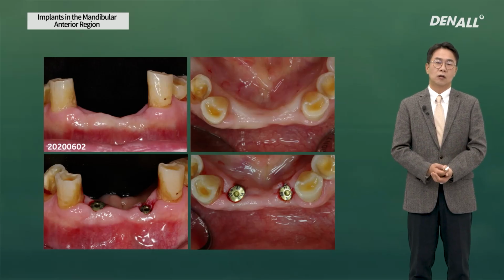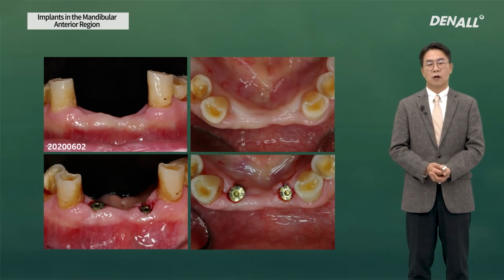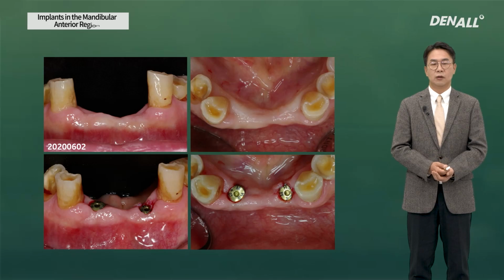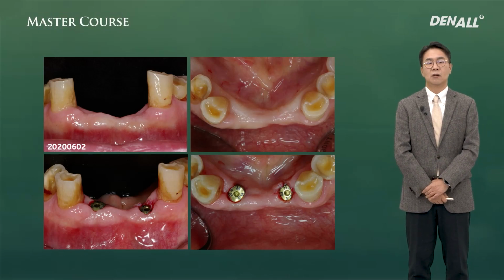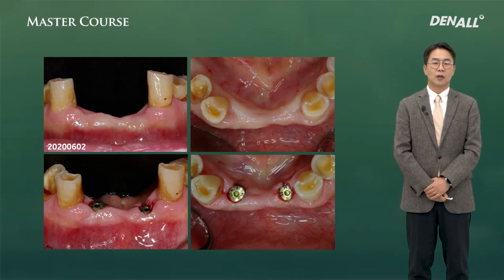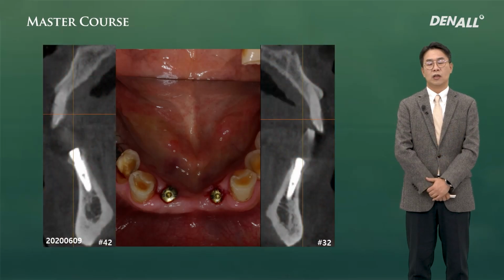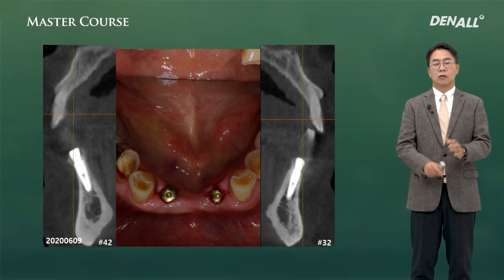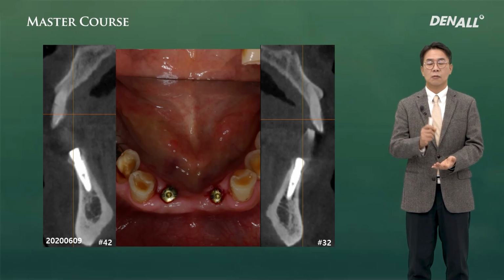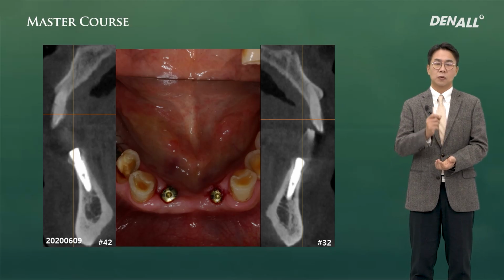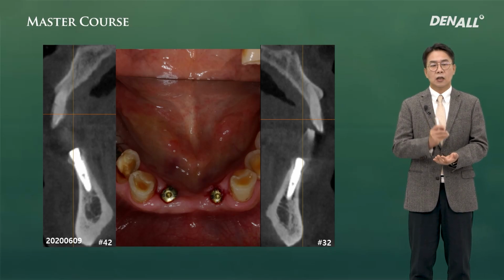So the surgery was performed on the patient in a flapless way, and the implants were placed in the desired positions. So if you look at the outcome, they are placed accurately as we planned. Of course, you can do the surgery with a stent or even without a stent.